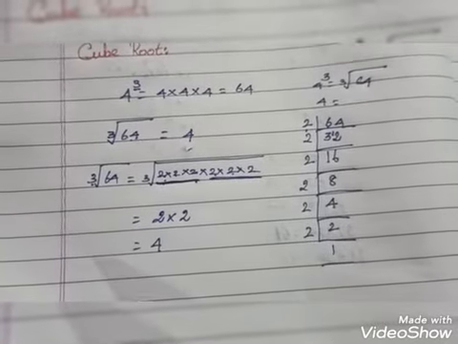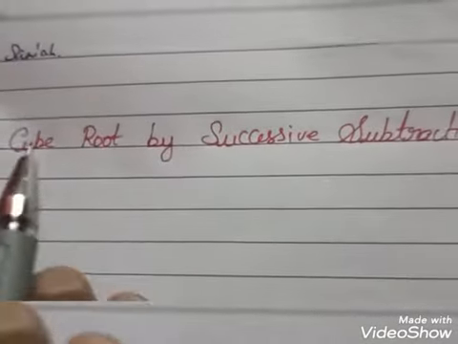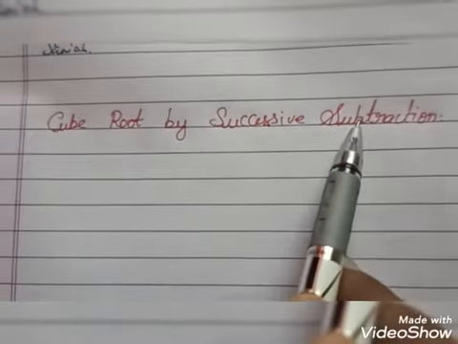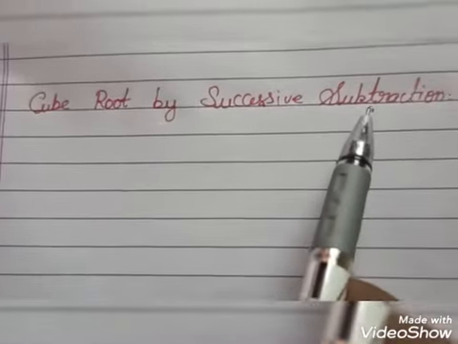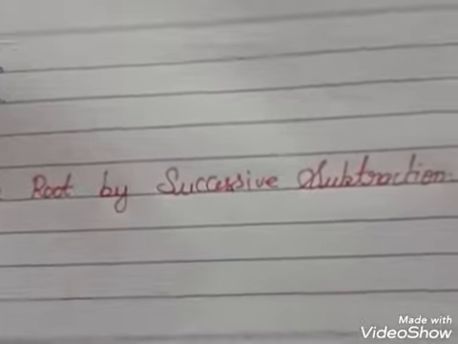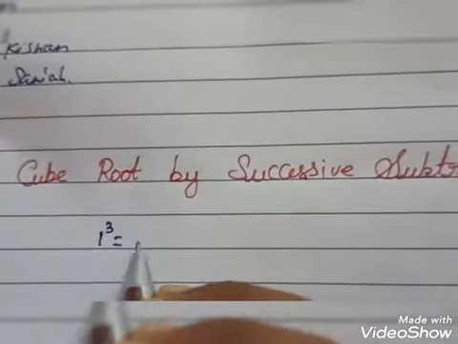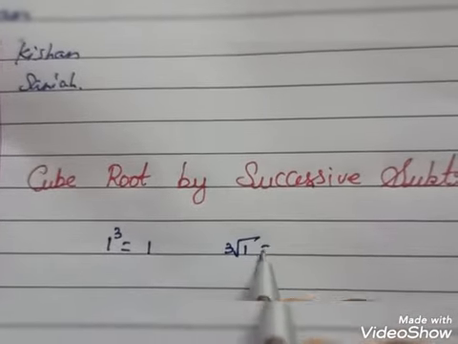Another method is cube root by successive subtraction. What is meant by cube root by successive subtraction? You subtract the values and you get the cube root. Already I told, 1 cube is equal to 1, so the cube root of 1 is always 1.